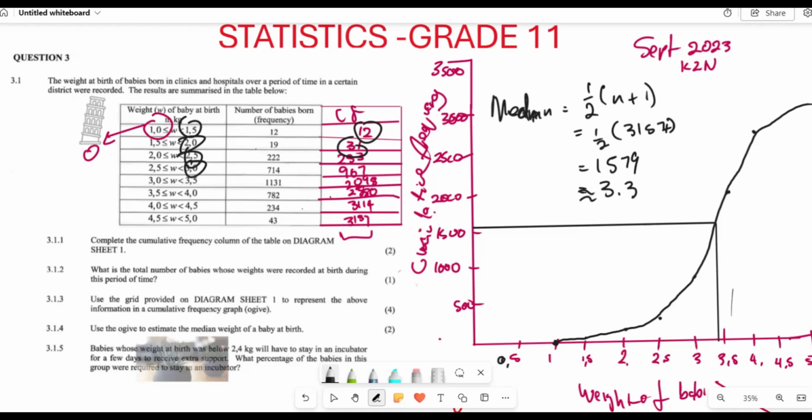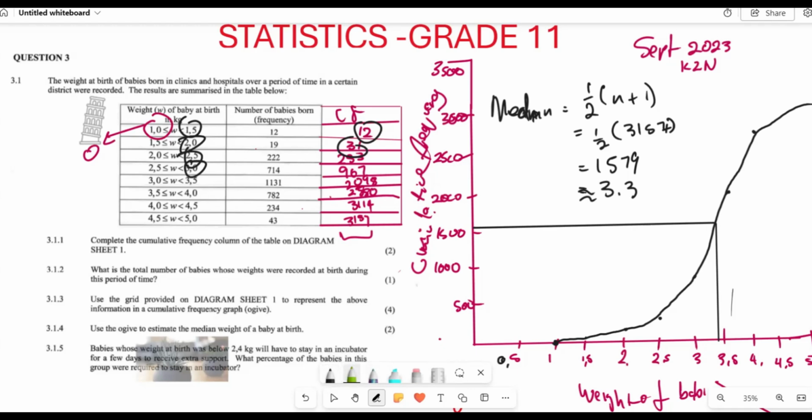Now, the next question states that babies whose weight at birth was below 2.4 will have to stay in an incubator for a few days to receive extra support. What percentage of babies in this group were required to stay? So they say babies who are less than 2.4, right?